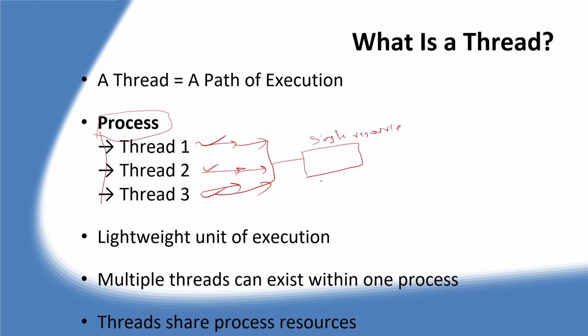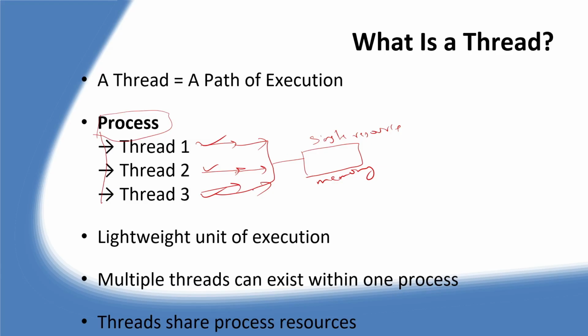The resource can be memory or data or anything else which is shared between all these threads. So instead of having only one path of execution, our application can have multiple paths of execution.